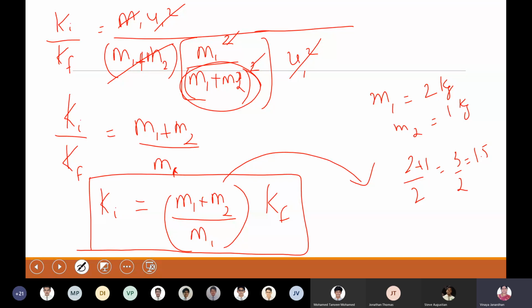So if you want to argue, you can go for that. That is why Ki is greater than Kf. You can give any values randomly. You can have m1 as 3 kilograms, m2 as 2 kilograms. There also you can check. So you can prove that Ki is greater than Kf.